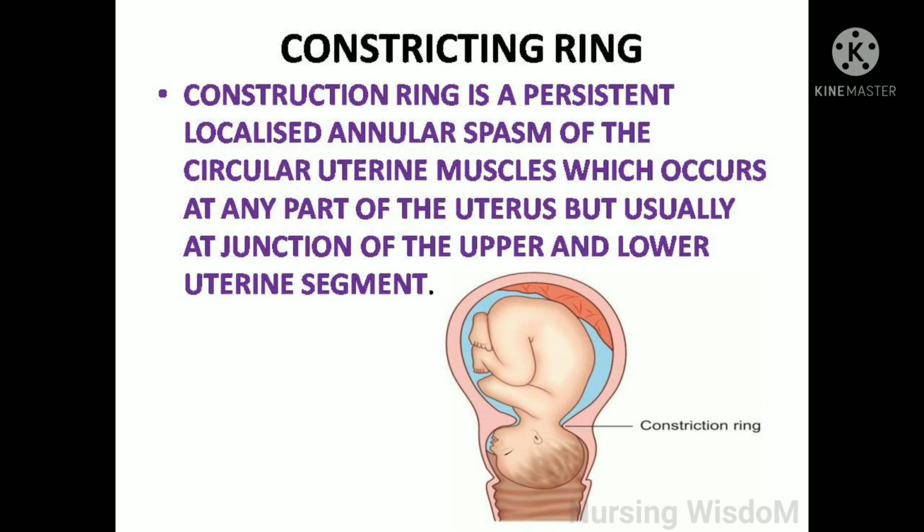Constricting ring. Constriction ring is a persistent localized annular spasm of the circular uterine muscles which occurs at any part of the uterus but usually at the junction of the upper and lower uterine segment.